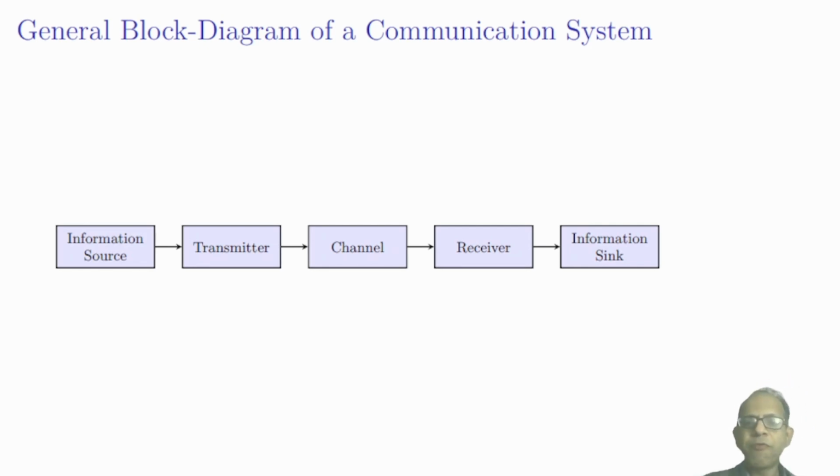When we talk about wired or guided medium, it includes a twisted wire cable, a coaxial cable, optical fiber cable, even a waveguide. When we talk about wireless communication or unguided communication medium, that is space or free space or air.